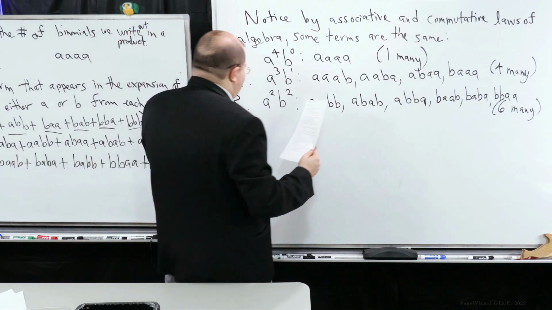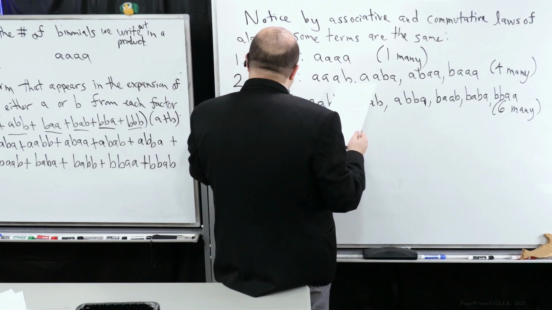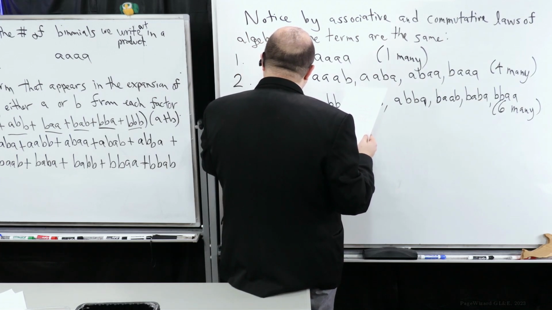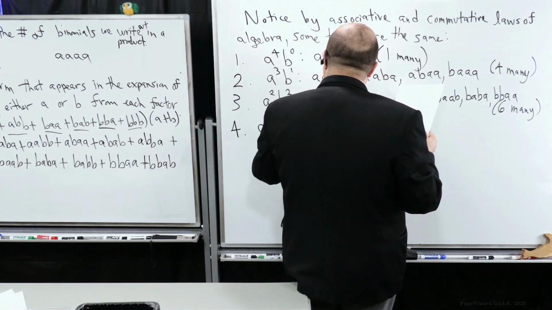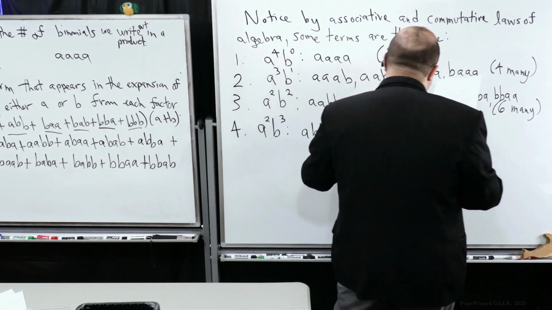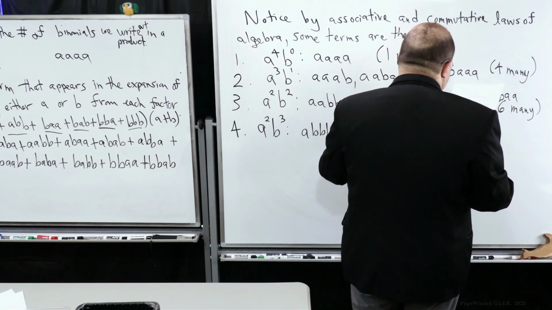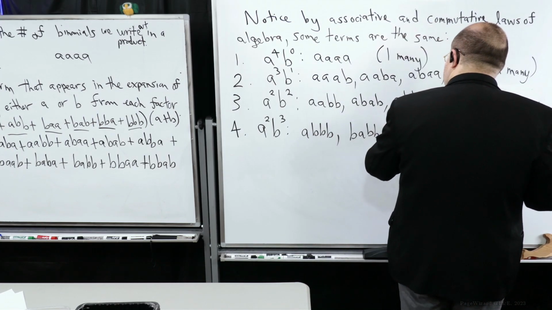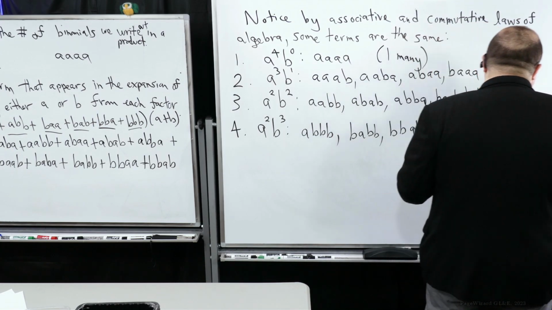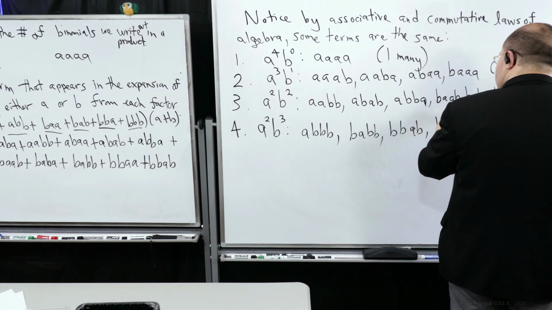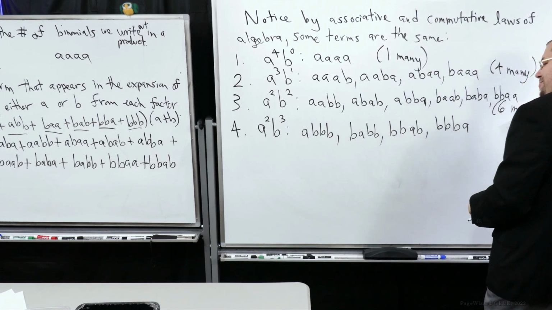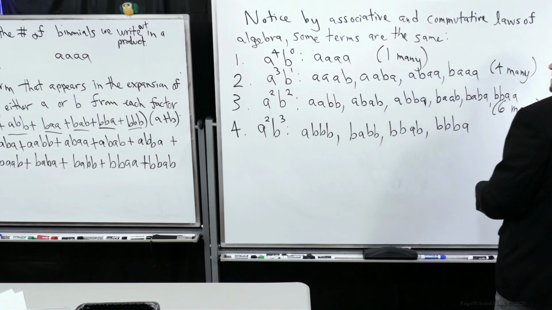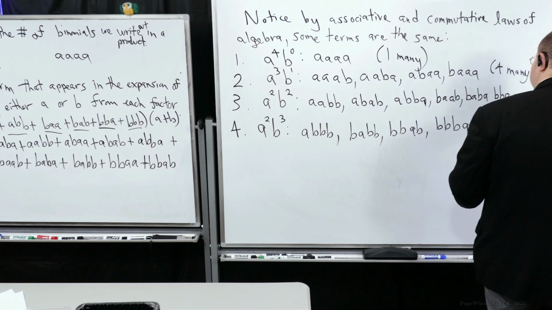So next, let's do case 4. Now I have 1 A and 3 B's. So I have ABBB, BABB, BBAB, and then lastly BBBA. So notice I've simply considered each case where I put A in different spots among the 4 positions.